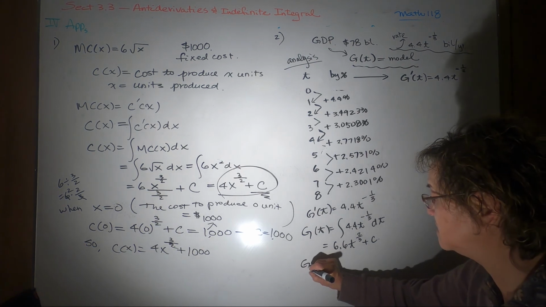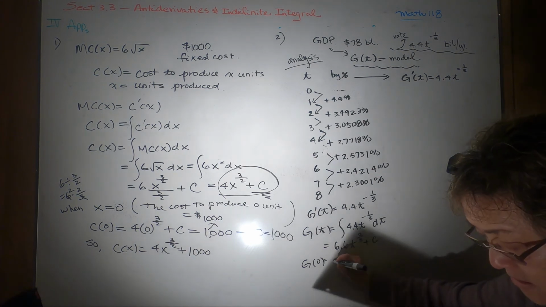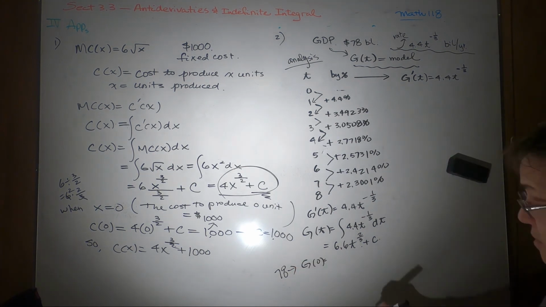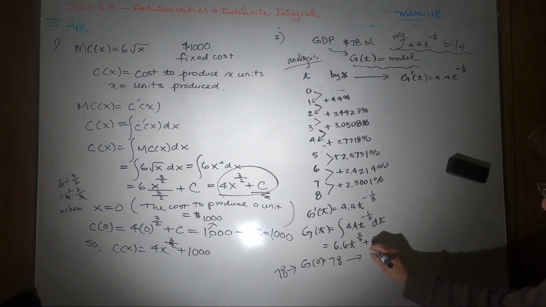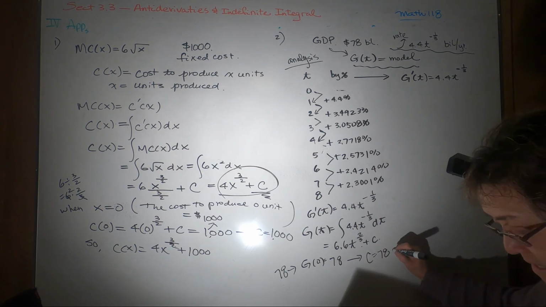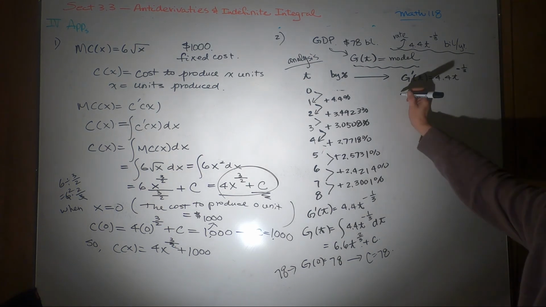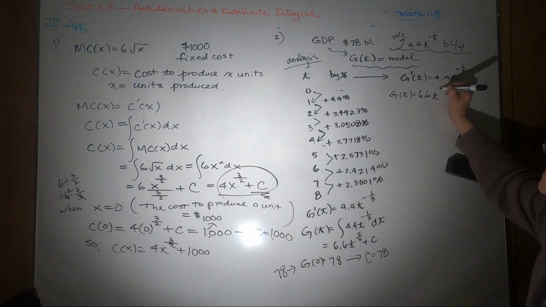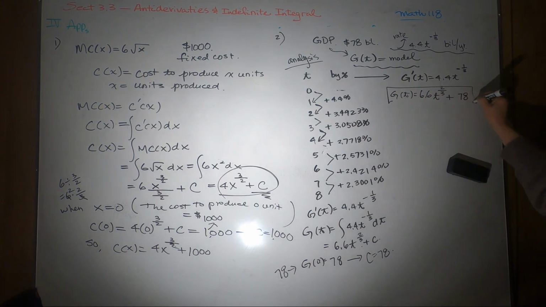Then at year 0, we plug in T is 0, that's 78, right? At the beginning. So that would be your C, which is 78. So what's your G of T? Your G of T will be 6.6 T to the 2/3 plus 78. So that's your function, right?